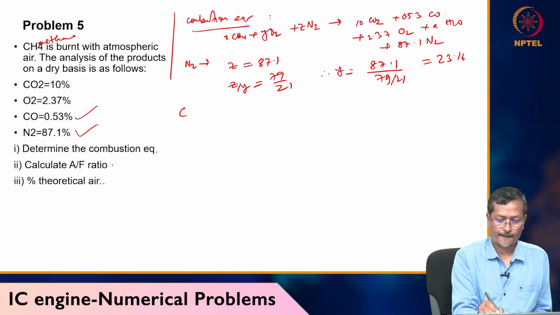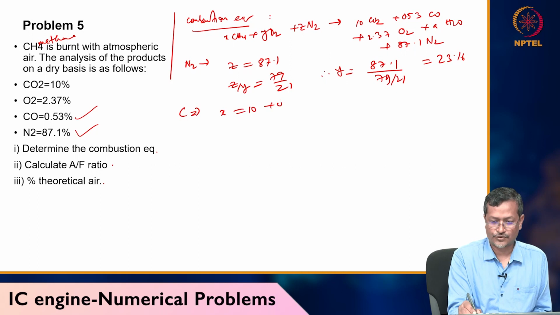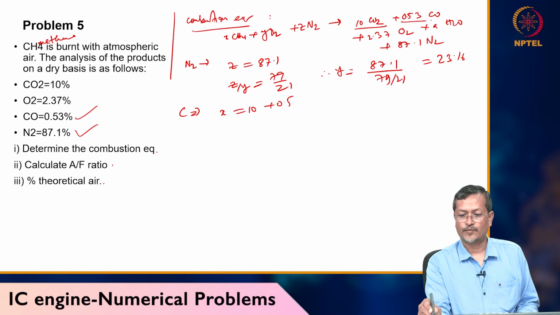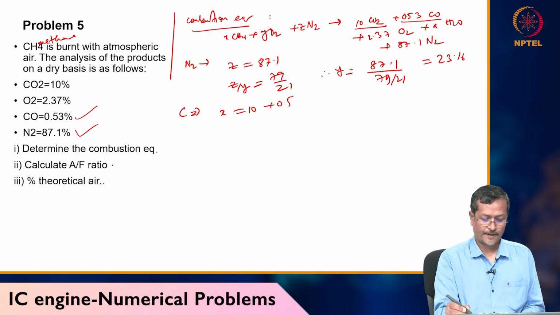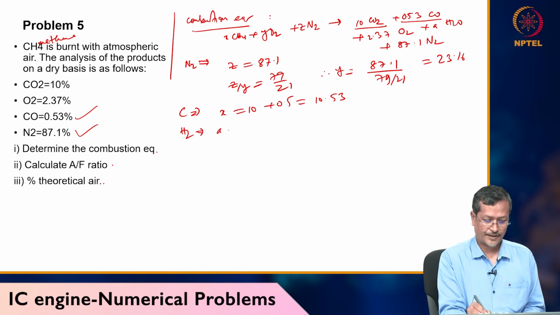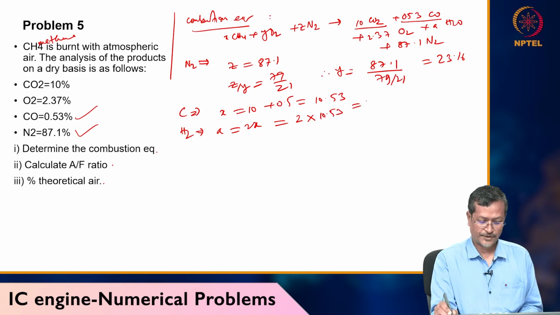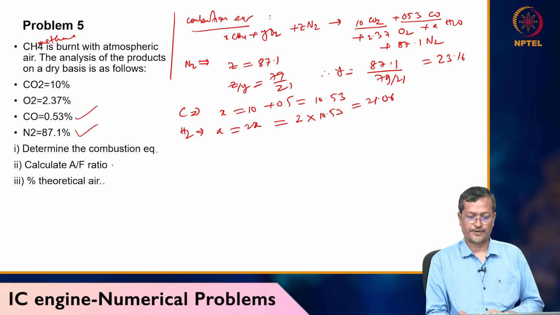Now carbon: X equals 10 plus 0.53, carbon dioxide and carbon monoxide, so it is becoming 10.53. And hydrogen gives A equals 2X, so 2 into 10.53 becomes 21.06.